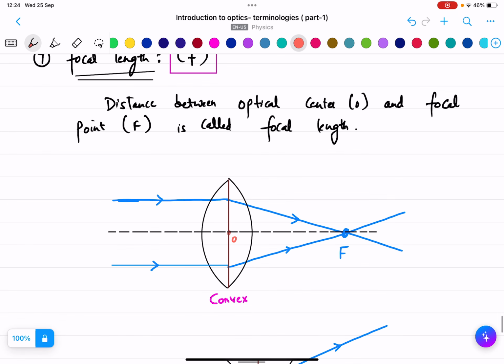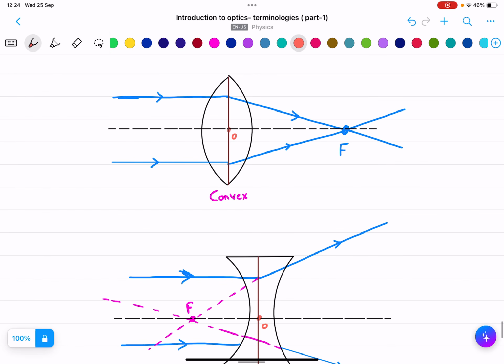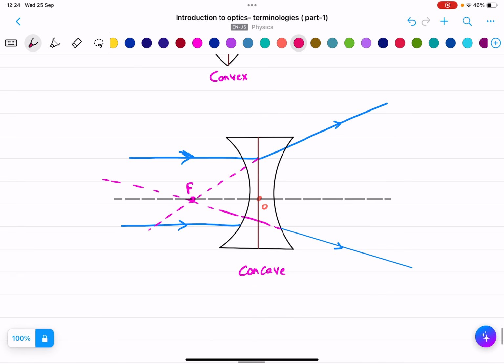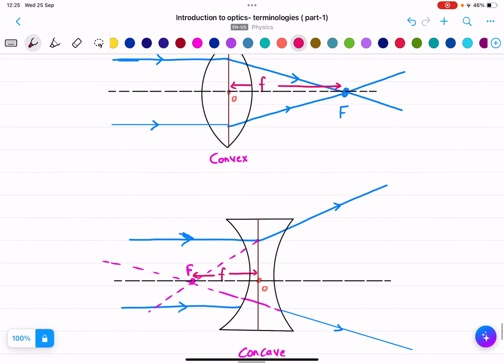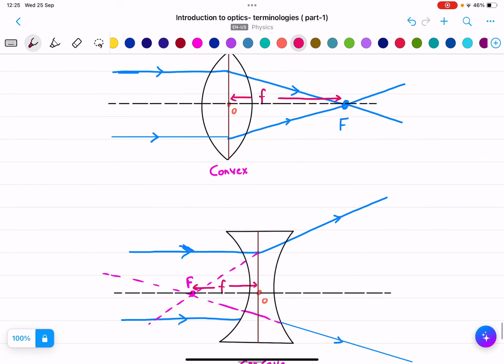Now the distance between optical center and focal point. What is the focal point? This one. This point and this point is the focal length. Now this point and this point is the focal length. I hope it is clear to you what is focal length. Distance between the optical center and focal point is the focal length.